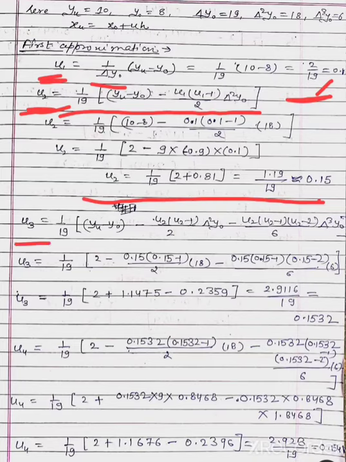And next, we calculate the third approximation by taking into account the value of u2 and considering the terms up to the third forward difference.